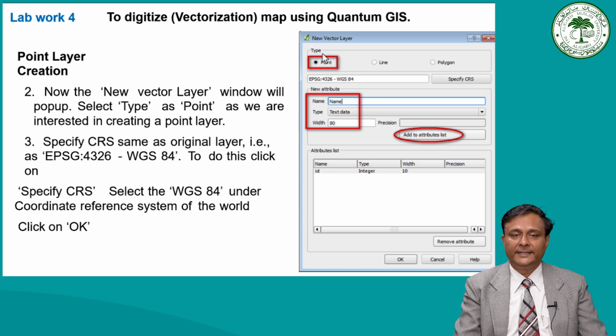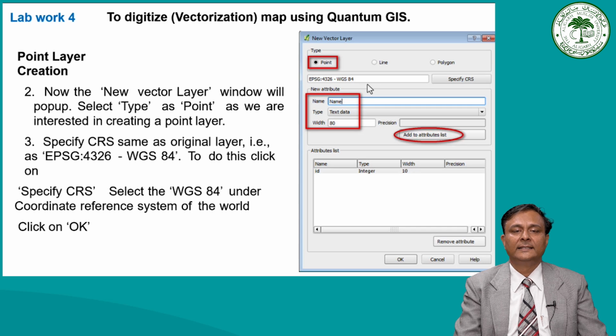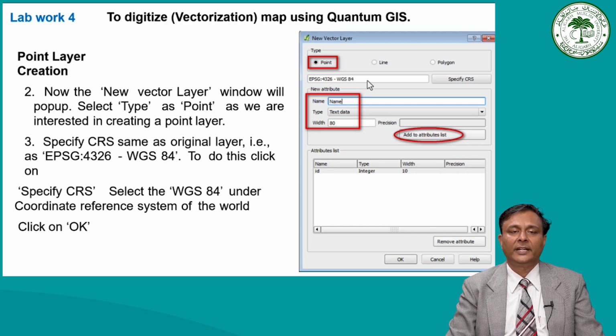Then the next step would be to specify the CRS, coordinate reference system. Now, as you have seen during georeferencing also, we are considering WGS 84 as our base coordinate reference system. So we would continue with that.